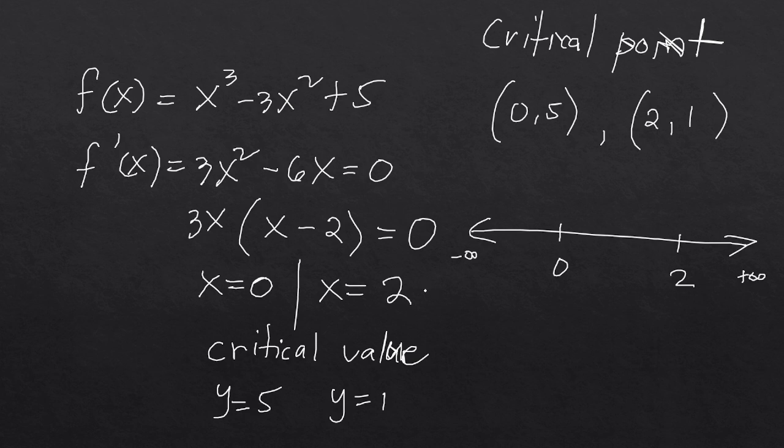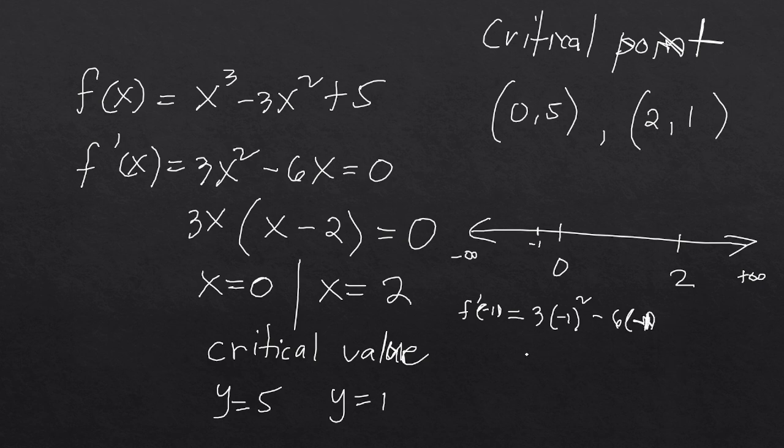So what we will do here is just get testing points from each interval. Say, let's get here negative 1. If we test negative 1 in our first derivative, f prime of negative 1, we will be looking for the sign. It will be 3 times the negative 1 squared minus 6 times negative 1.